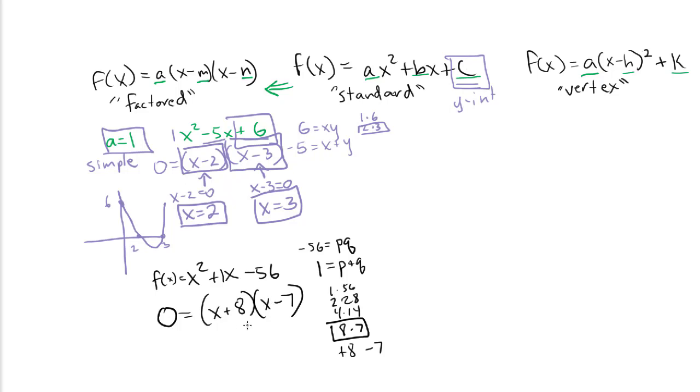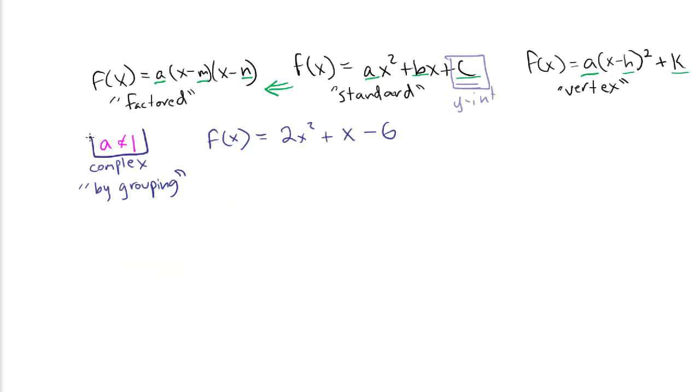I did factor that correctly. So that means my roots here are x equals minus 8 and x equals plus 7. Note the change of sign because I'm essentially using my zero product property to make x plus 8 equals 0 and x minus 7 equals 0, both of which will solve this equation. So now I have my x-intercepts or my roots.